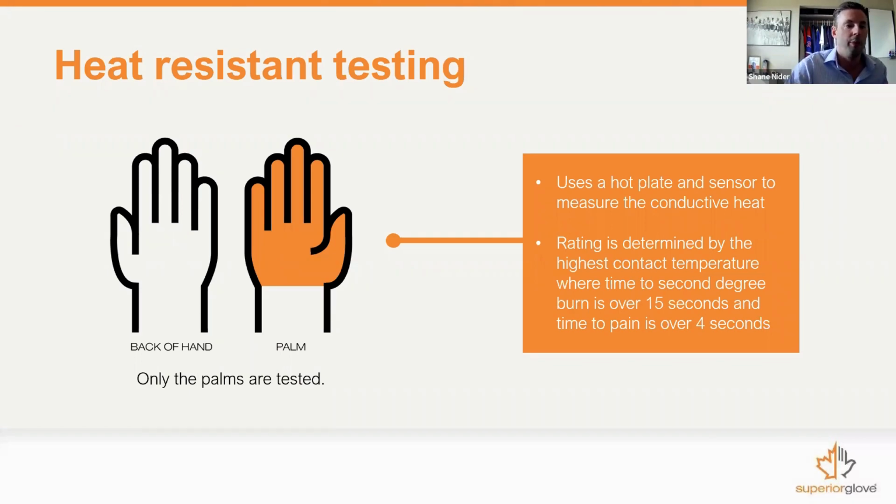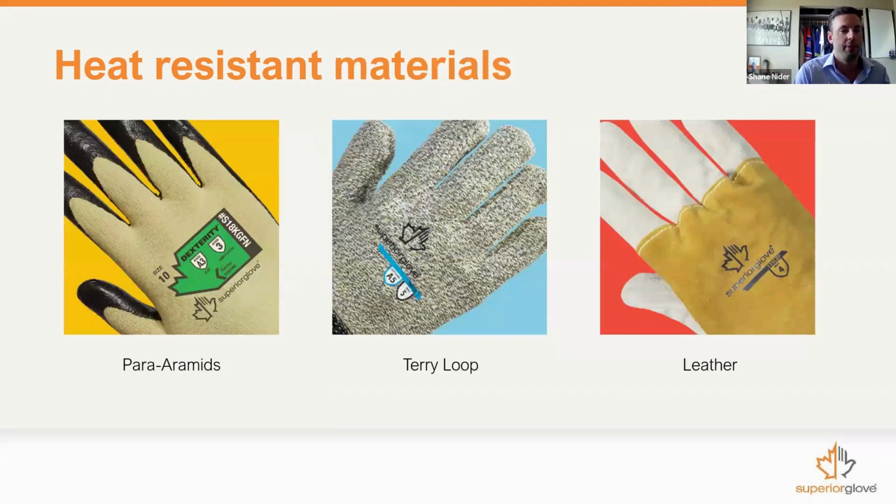When we look at some of the heat resistant materials, again, it's solely based on what the application is. Different materials will give you different attributes and different performance properties. When we look at those general purpose palm coated gloves using a para aramid, something like a Kevlar, you get great dexterity, great grip, great mechanical strength, maybe some touchscreen compatibility.